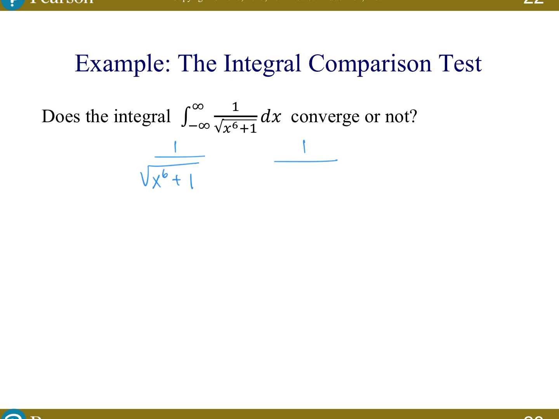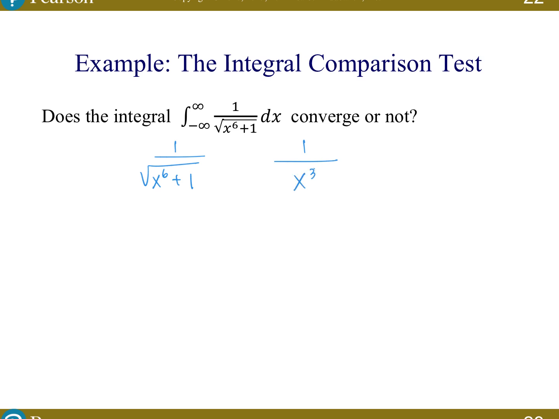Well, what do you want to take off? First of all, what makes it hard? The plus 1. Okay, so let's say I'd really like to compare it to that without the plus 1. And then what is the square root of x to the 6th? X cubed. So that's the one that you want to look at.